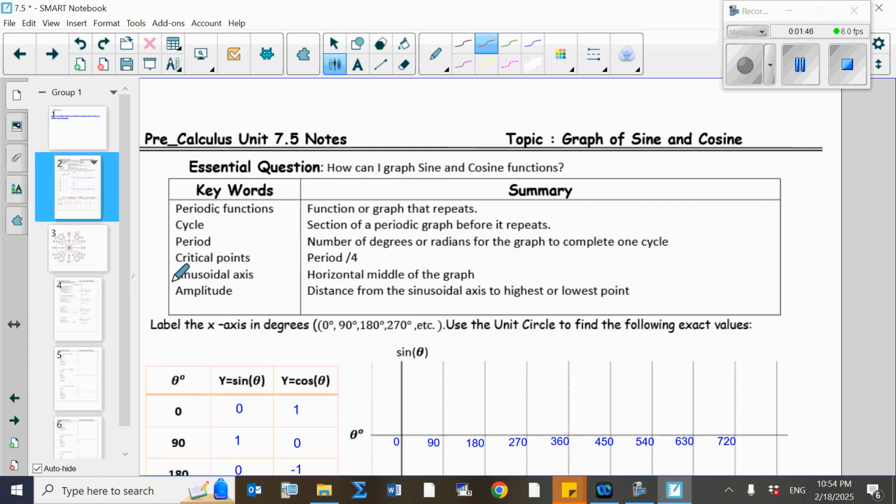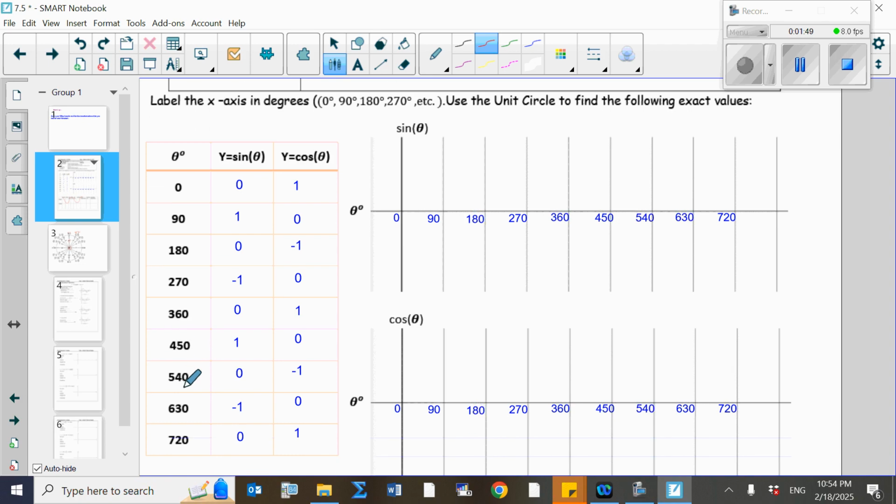Or 540 is 360 plus 180, so you need to look at 180. 630 is 360 plus 270, and 720 is 360 plus 360. So you can find all those values on the unit circle and find the x and y coordinates.